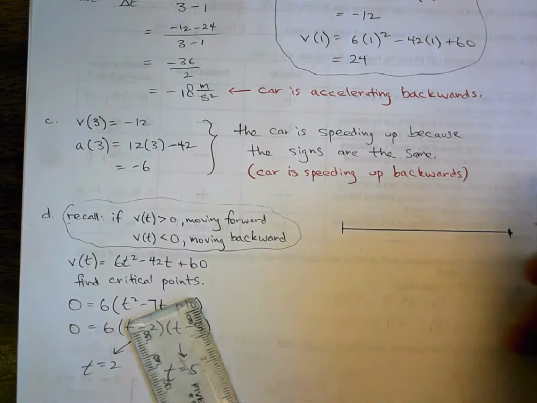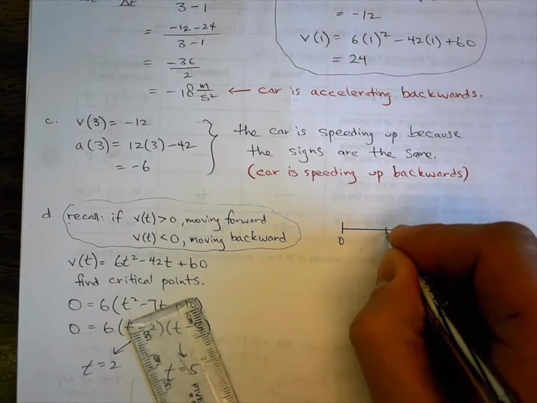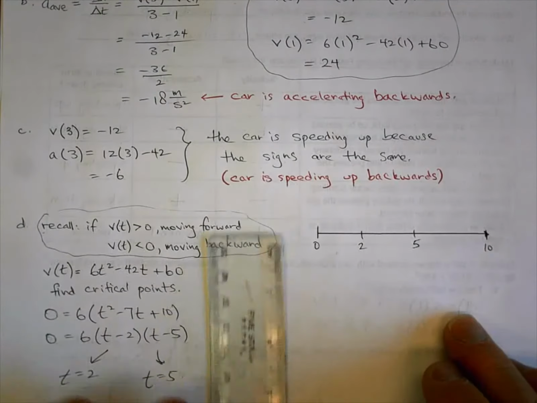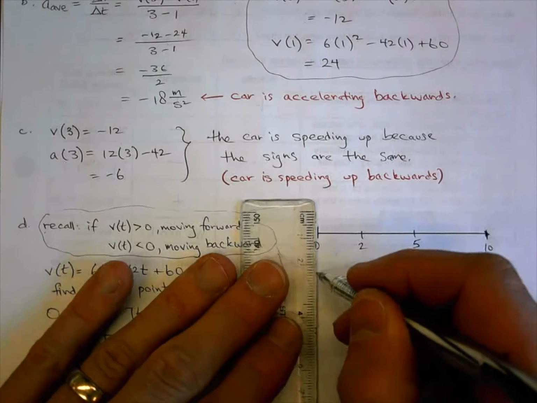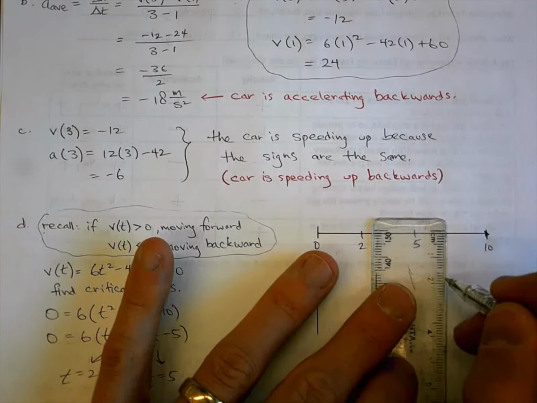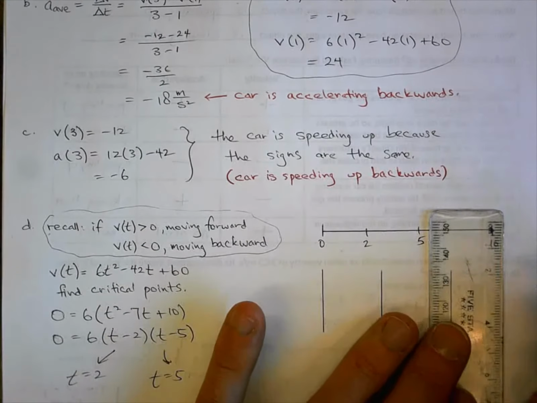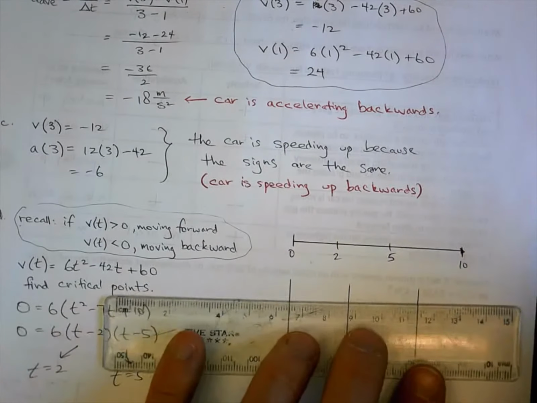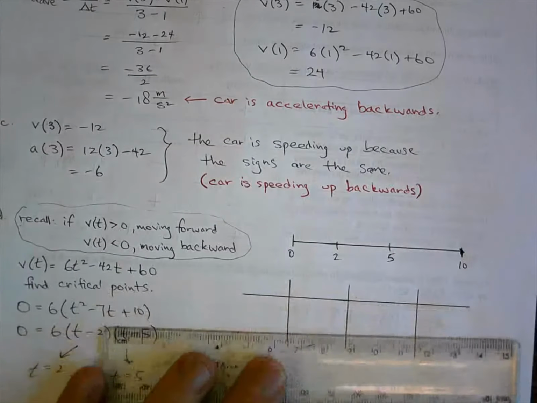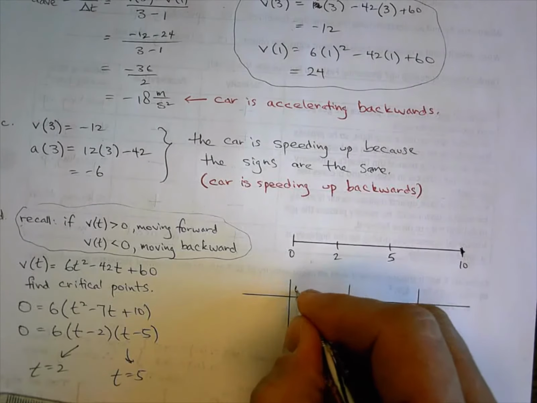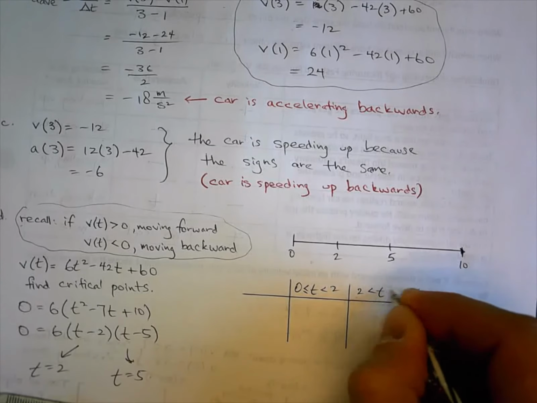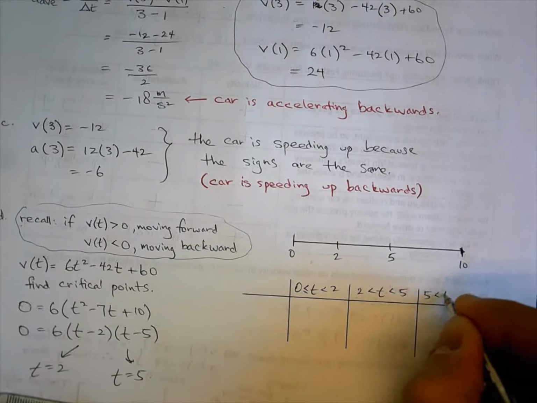The only thing here is that we only go from 0 to 10, and I have a 2 here, and I have a 5 here. So my number line doesn't go on forever. And now I need to write out all of my different intervals. So I had 3 intervals. I have the interval between 0 and 2, then from 2 to 5, then from 5 to 10.